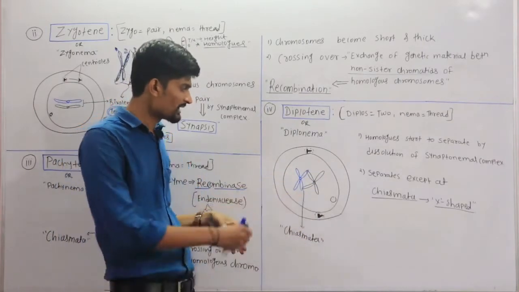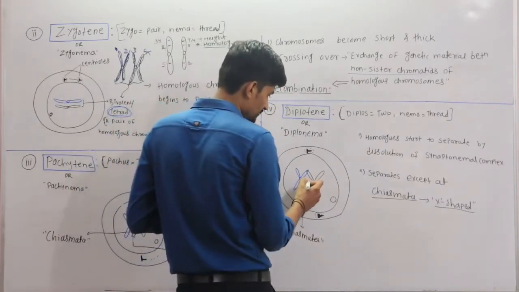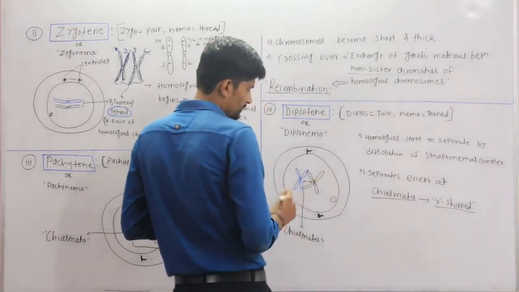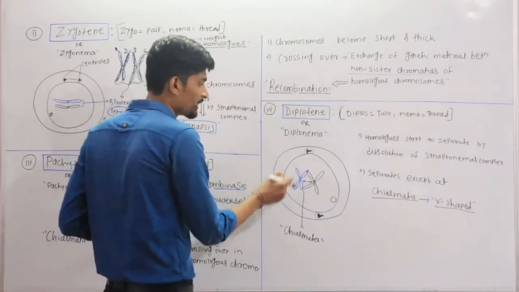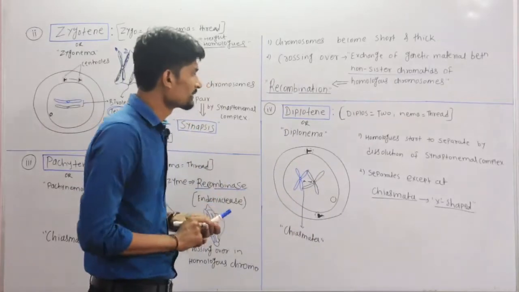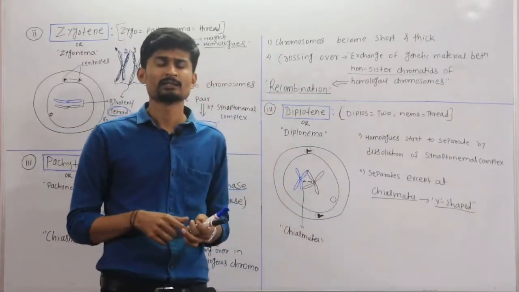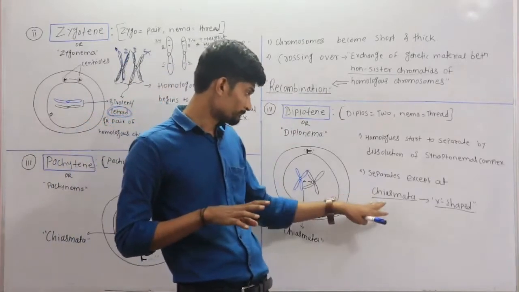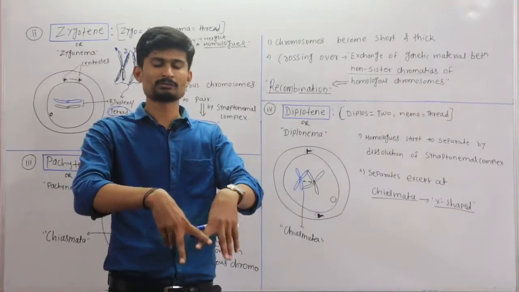This is the nucleolus, and now these are moving apart from each other. This is moving in this direction, this is moving in this direction. So here they start to separate, but they are not completely separated. They are paired at a point, the chiasmata. So that's why the shape looks like this.